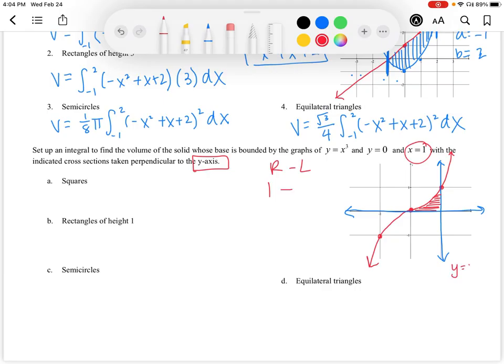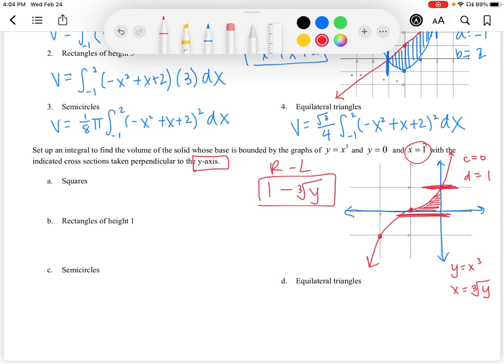So if I have y is equal to x cubed, that means x is equal to the cubed root of y. So 1 minus the cubed root of y is what we're looking at for our right minus left. And then our c and d, how far down does it go and how far up does it go? So it's going from 0 to 1. So I've got all the parts.